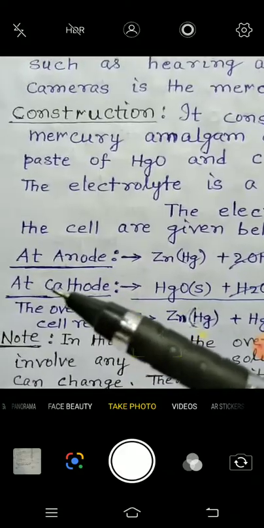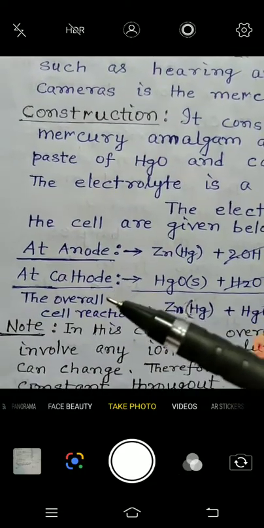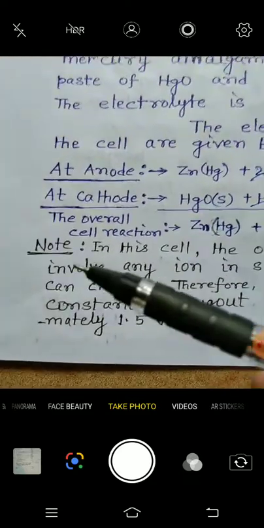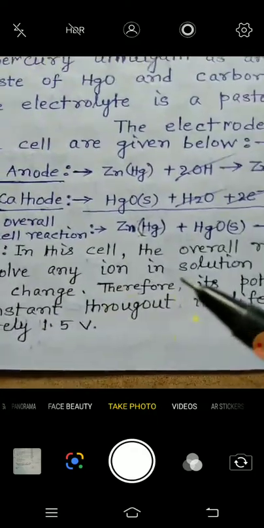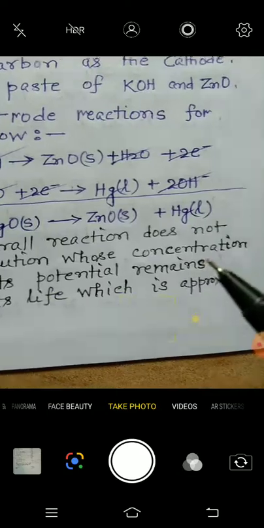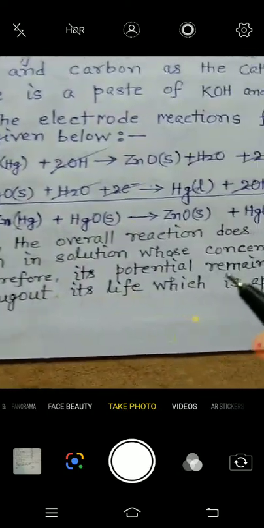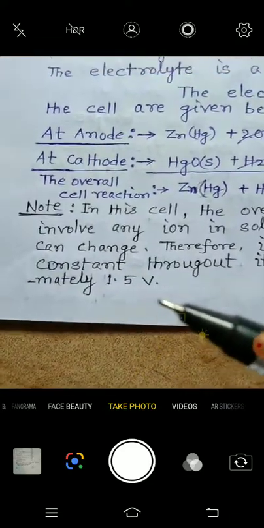This is the electrode reaction which takes place at anode and which takes place at cathode, and here is the overall reaction. Now, note in this cell the overall reaction does not involve any ion in solution whose concentration can change. Therefore, its potential remains constant throughout its life, which is approximately 1.5 volt.